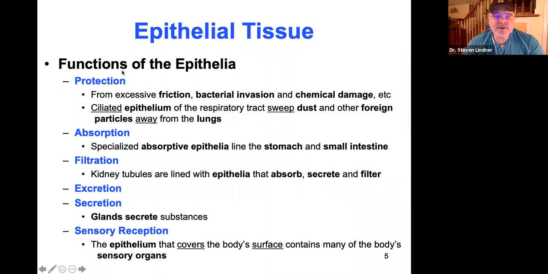And in terms of function, there's different types of epithelium that protect us against excessive friction. The skin, right, can protect us against bacterial invasion. The skin can protect us against chemical damage.